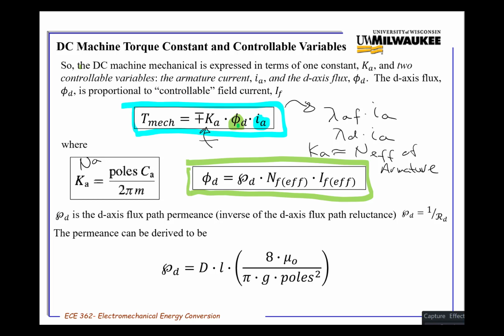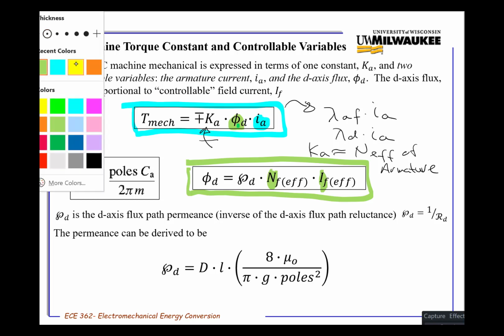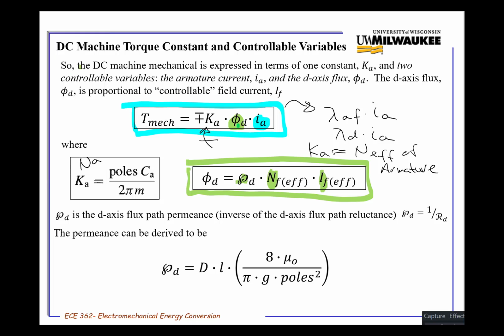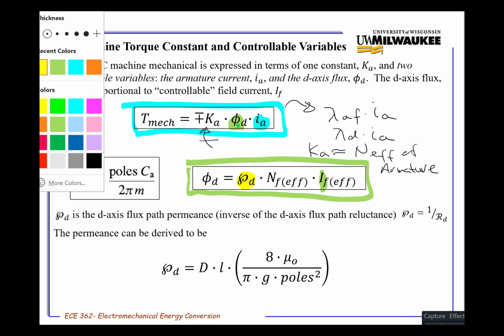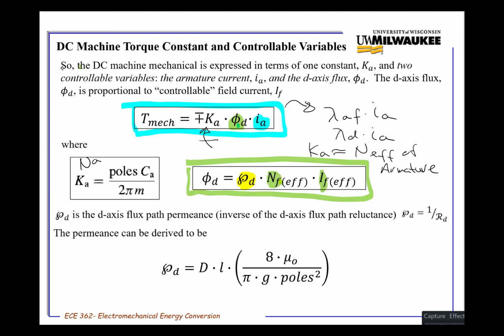So there's a field current, there's a field turns, so this is your FF, and then this thing here is, whoops, that's why I hate using PowerPoint for this. Whoops, I'm sorry, because the dang thing's so slow. Okay, there's the permeance expression. So remember permeance.